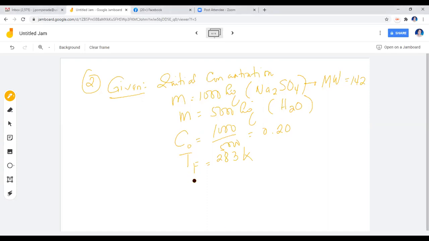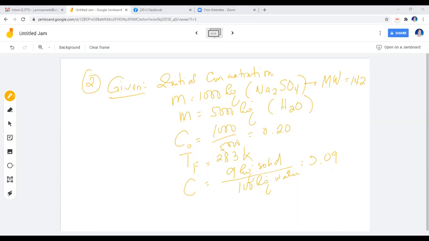Your C, final concentration, is 9 kilograms solute per 100 kilograms water. So 9 divided by 100 should be 0.09. I will not write the units anymore. Now I'm already solving the concentration of the given.